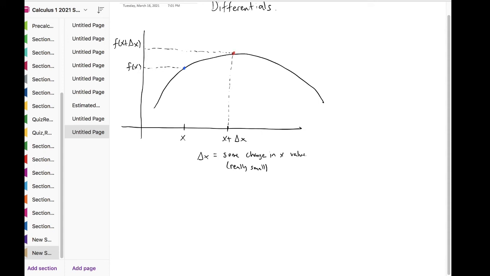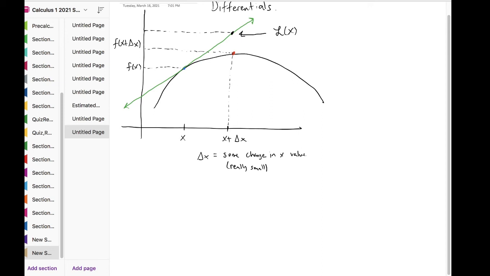And now if we look at the tangent line at x, then we have some things going on. We have the approximation. So this is L of x.